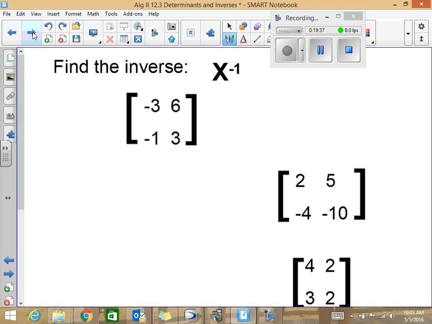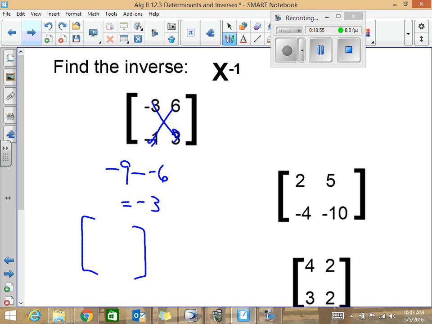The determinant of this was what? Negative 9 minus negative 6, which would give me negative 3. Then you take your matrix, and again, you do not have to write this down.